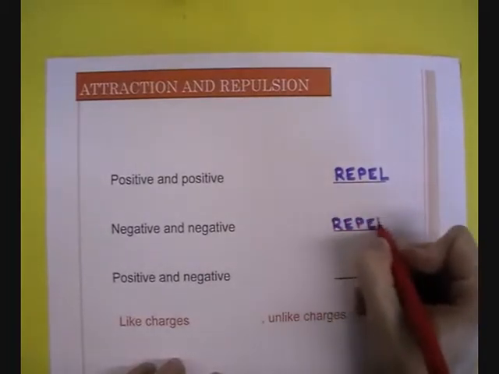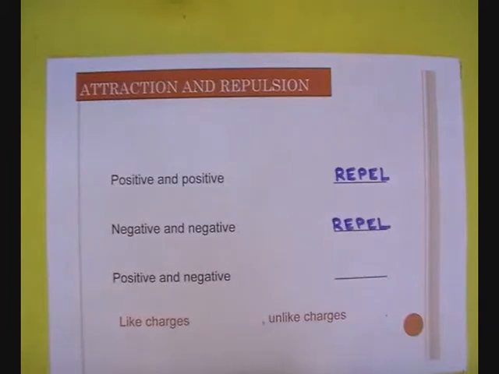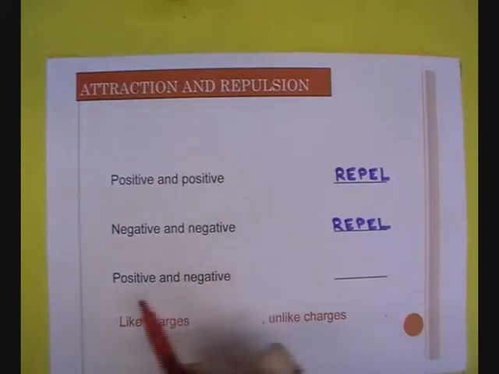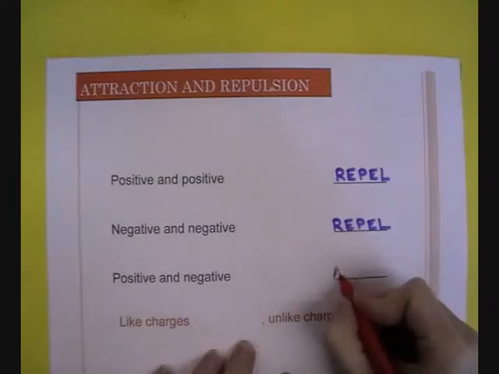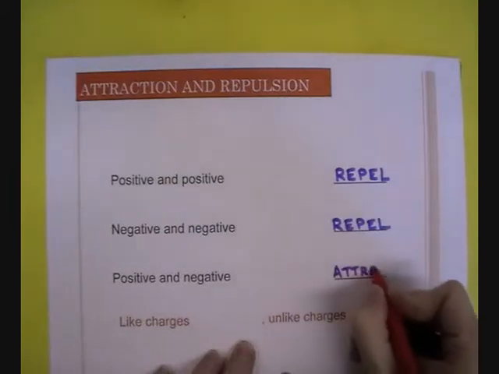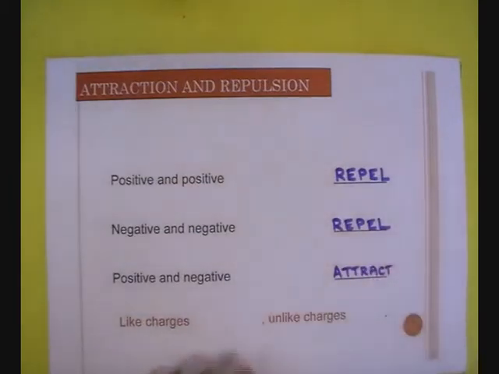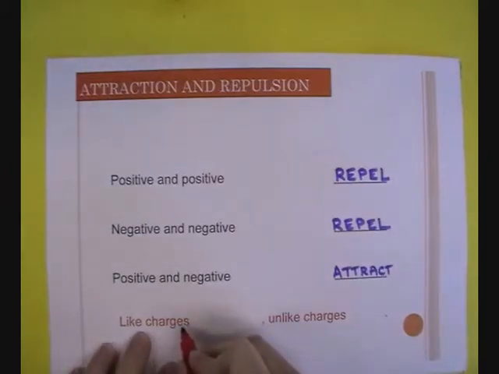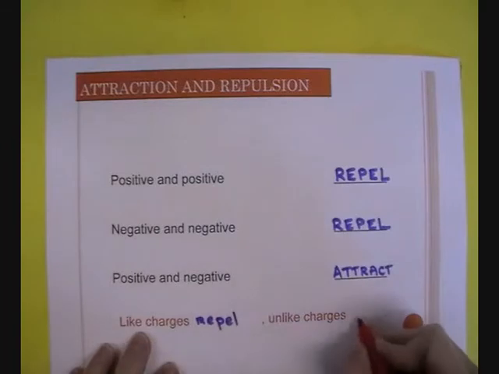Now you mightn't be able to tell from looking at them that they're both positive or both negative, but you'll know when they repel that they must be both of the same kind of charge. And then positive and negative charge, which are unlike charges, attract. So just to finish this off, like charges repel and unlike charges attract.